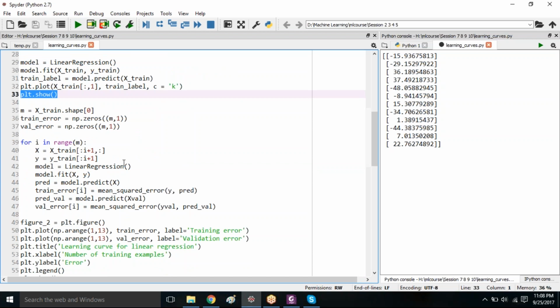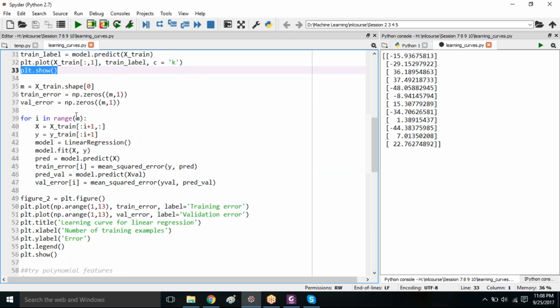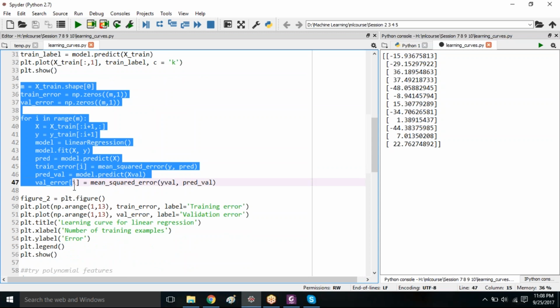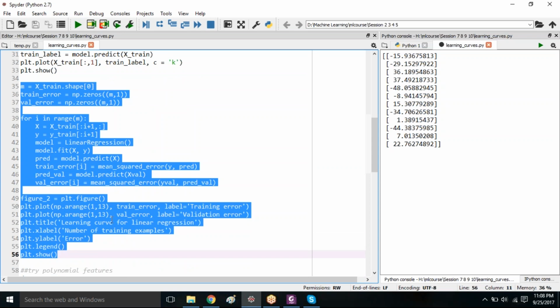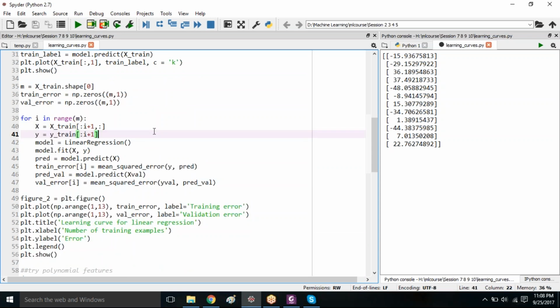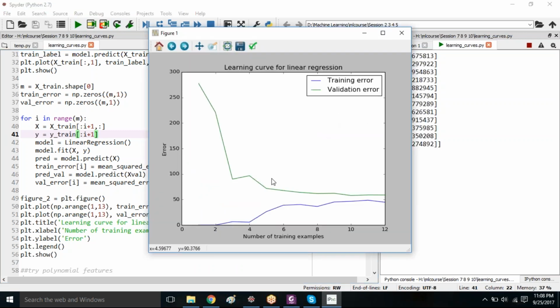Now in this particular portion of the code, the graph which you see here is plotted through this code, where in a loop I am increasing the number of training examples.